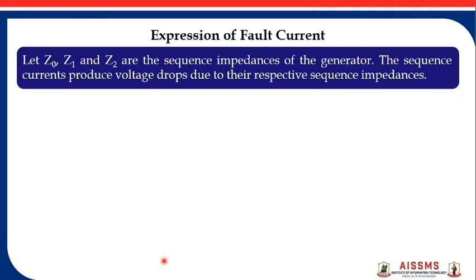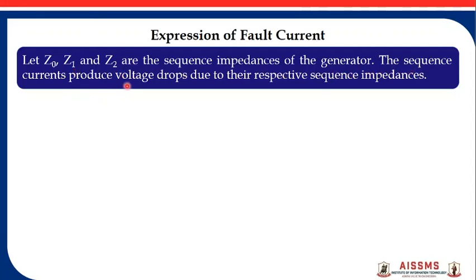Now let us find the equation for fault current. Let Z0, Z1 and Z2 be the sequence impedances of the generator: Z0 is the zero sequence impedance, Z1 is the positive sequence impedance and Z2 is the negative sequence impedance.